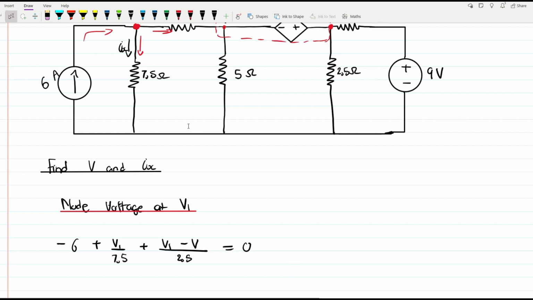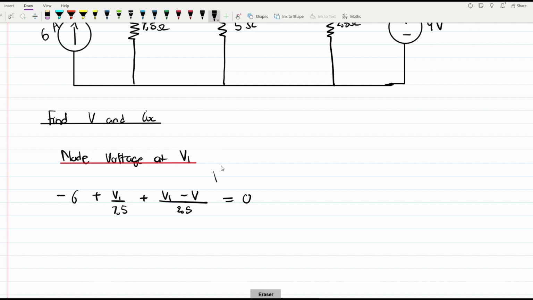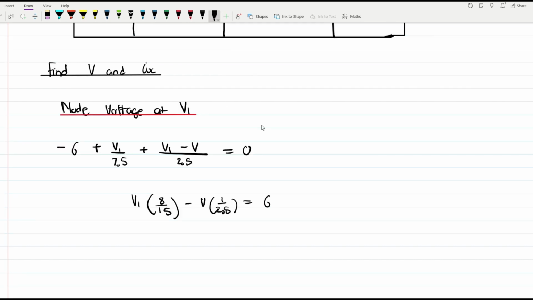So from here we're going to simplify our equation. Now you should get something like this, and then you can label that equation 1.